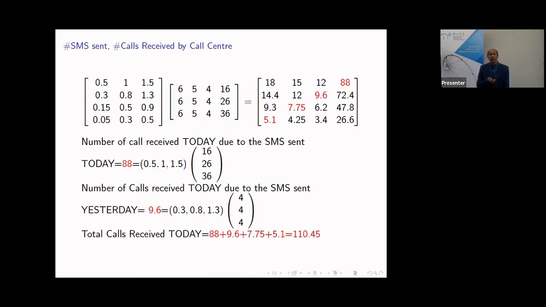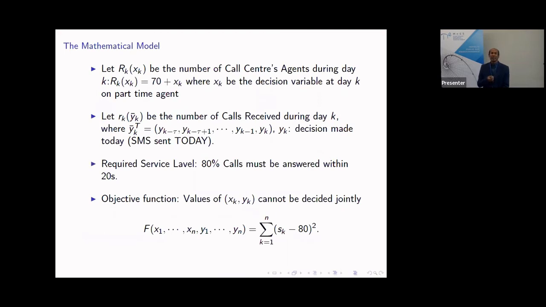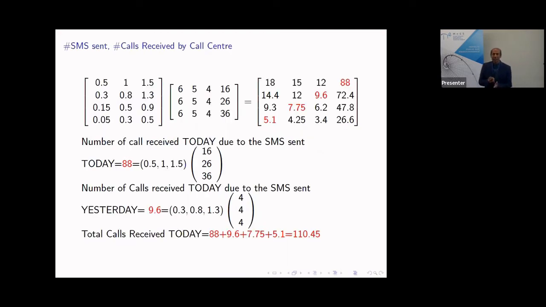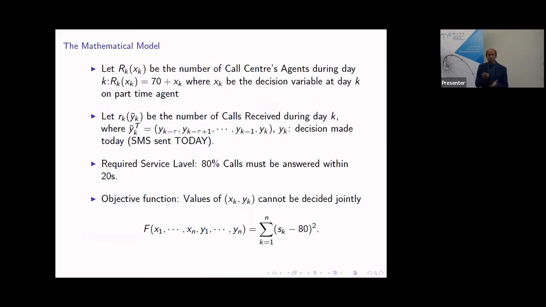Now I can decide in such a way that I fulfill the objective that 80% of calls have to be answered within 20 seconds. For that, we have this model: they have 70 people, and on a daily basis they hire people from outside because it's much cheaper. And this Y1, Y2 in the vector are the previous days' decisions I have taken, and the effect is still there today.